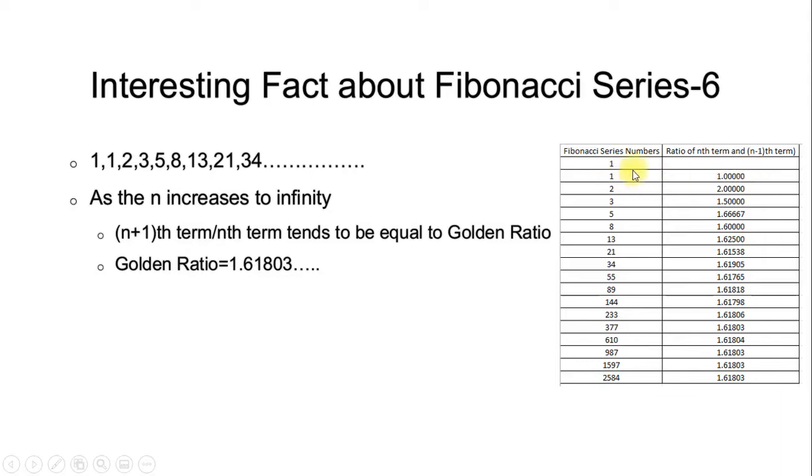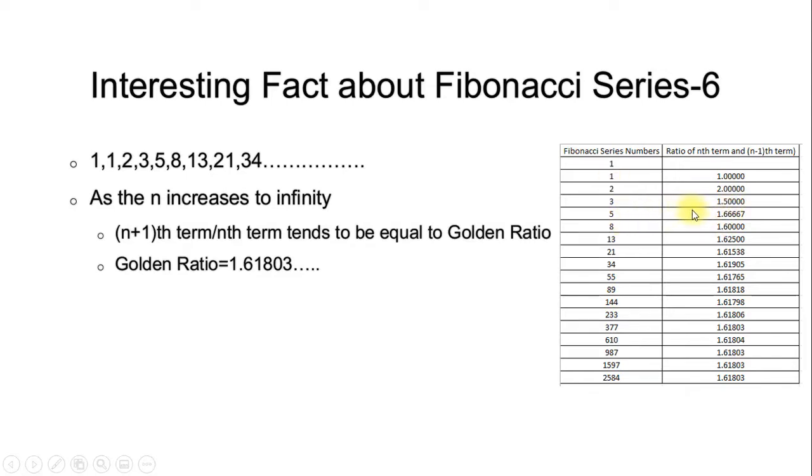In the second row we find 1. What is 1? 1 divided by 1. In the third row we find 2. What is 2? 2 divided by 1. In the fourth row we find 3 divided by 2.